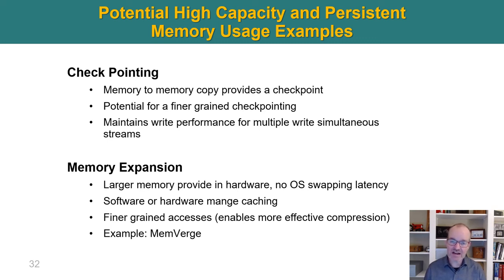It gives you that high capacity in a way that allows the finer-grained accesses of accessing it as memory and allows the no OS overhead of accessing it as memory. There's a really good example, actually, of both of these on the next slide.